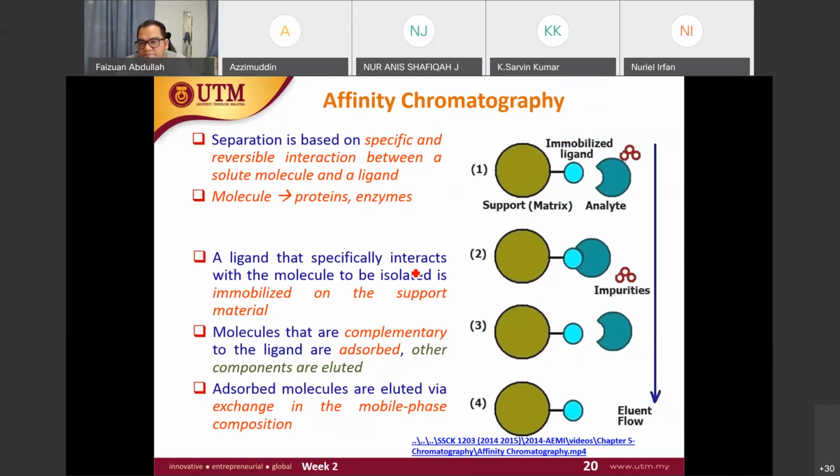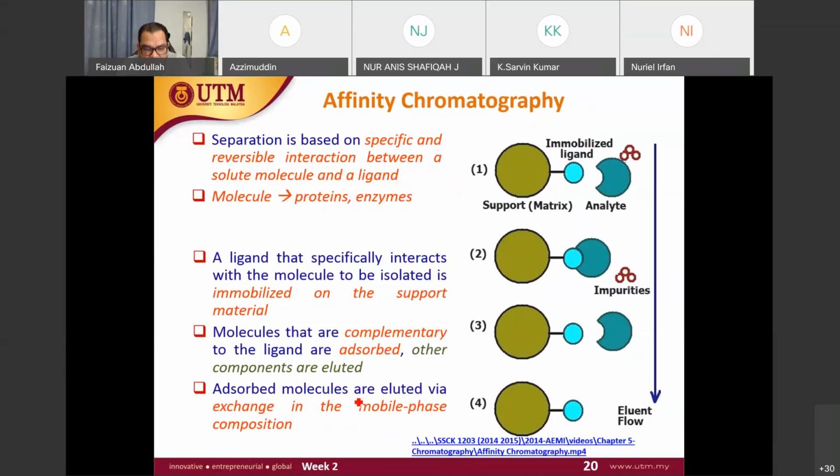Very selective, right? Like an enzyme and protein, lock and key. It has a certain shape or size that can only attach to the stationary phase. Adsorbed molecules are eluted via exchange in the mobile phase composition.